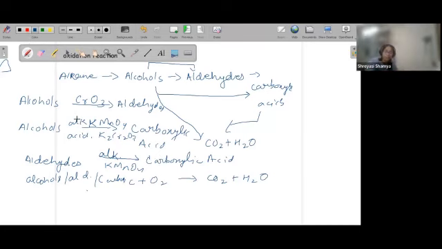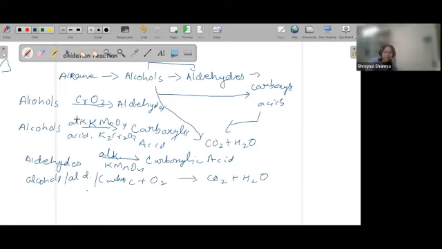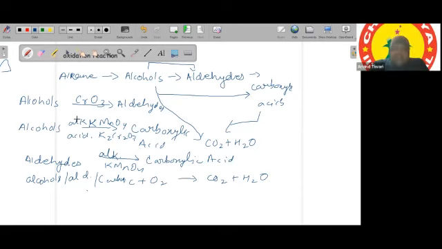CrO3, KMnO4, what name is given to all of them? Catalysts, sir. Yes, they are the catalysts. Here you have to remember just the names of these three catalysts: chromium anhydride, alkaline KMnO4, and acidified K2Cr2O7. Alkaline KMnO4 and acidified K2Cr2O7 are equivalent to each other.